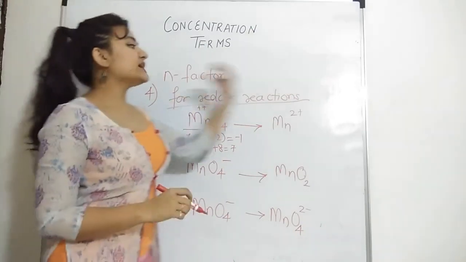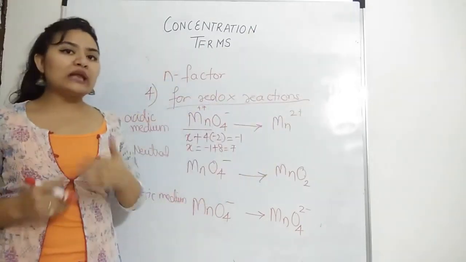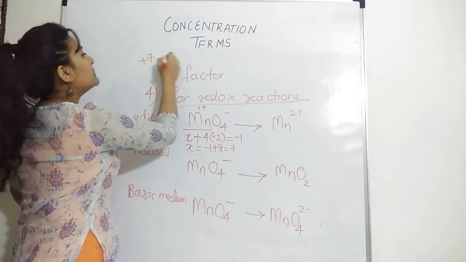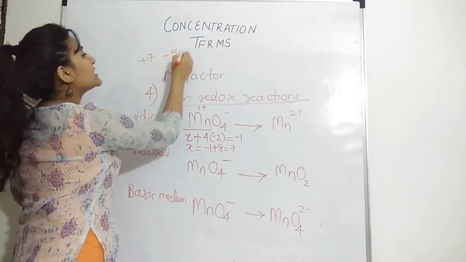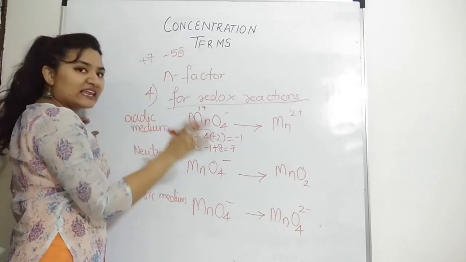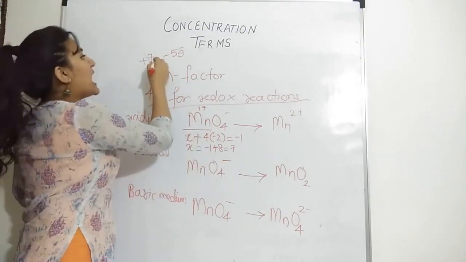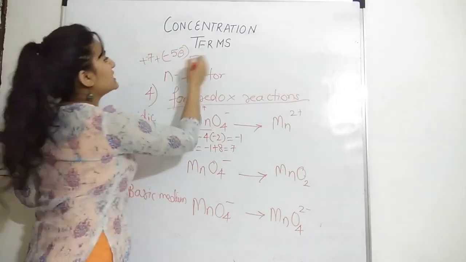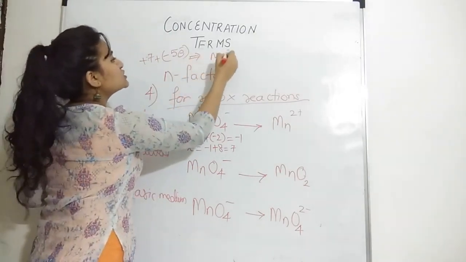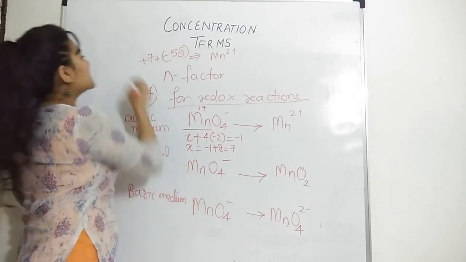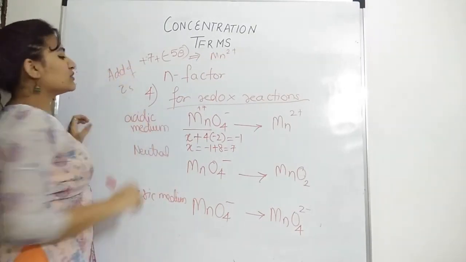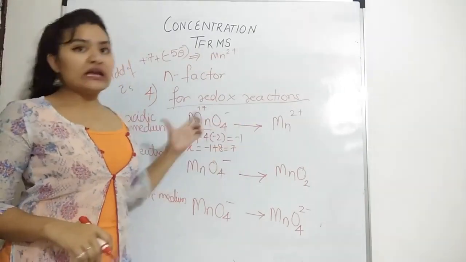So to go from +7 to 2 plus, what will happen? There will be 5 electrons added to Mn7 plus. Only then will it turn into Mn2 plus. Because there is addition of electrons, it is undergoing reduction.